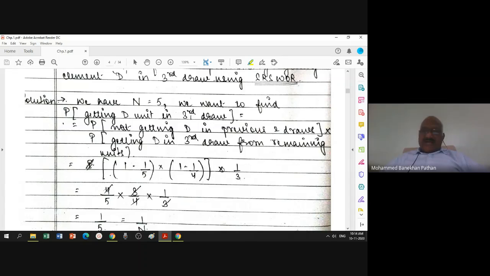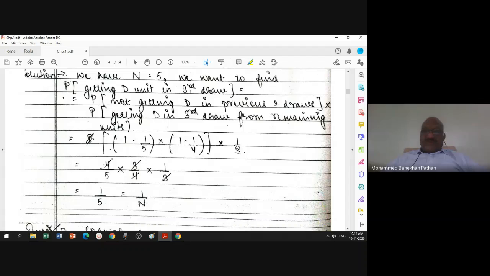Multiply by the chance of selecting unit D at third draw. At the third draw available units are 3, so the chance of selection is 1 by 3.